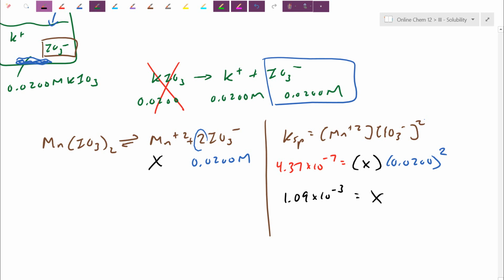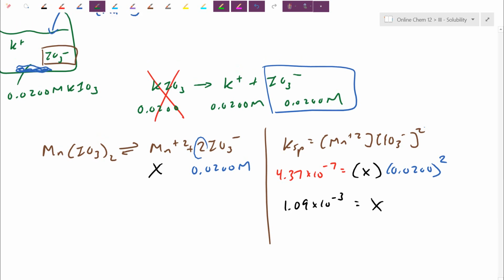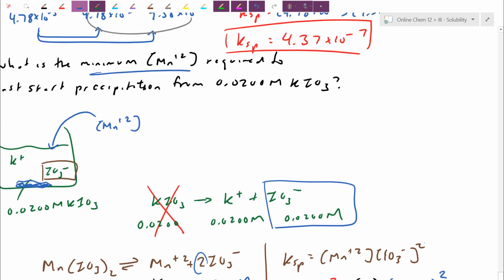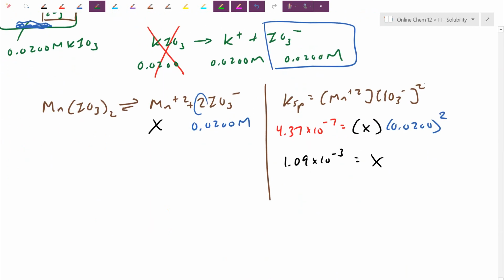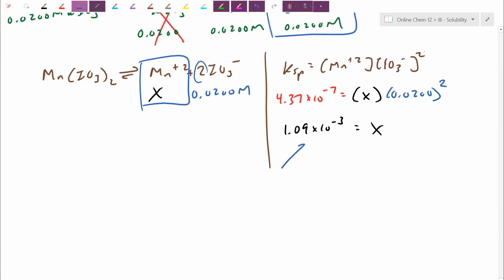Always do yourself a favor and go back and reread the question. What were they after? They were interested in the concentration of manganese you can toss in. Perfect. X is the placeholder I put in for manganese. This is the very number I need to look for. So this one here, I'm going to write it in two ways.